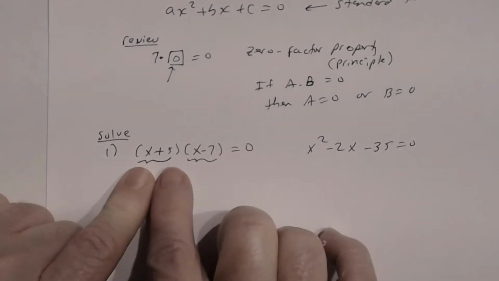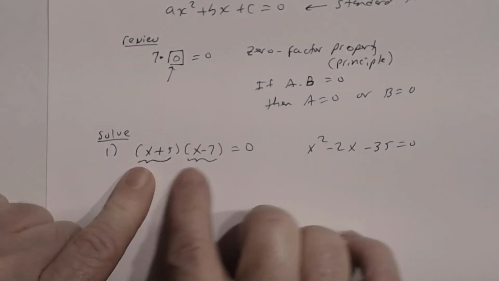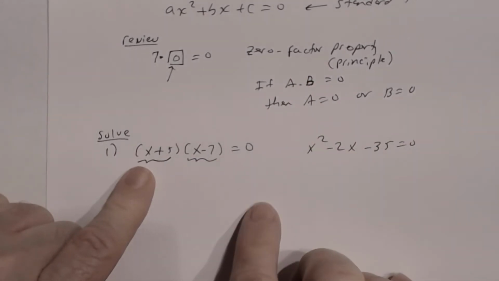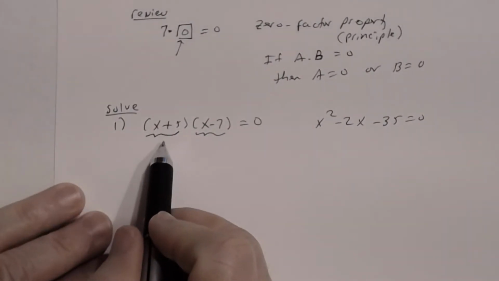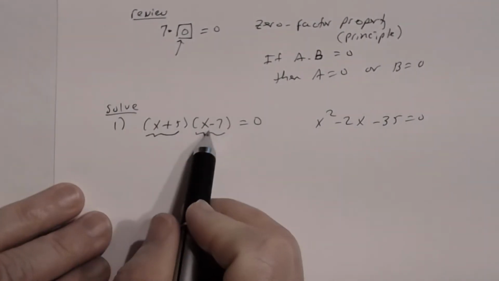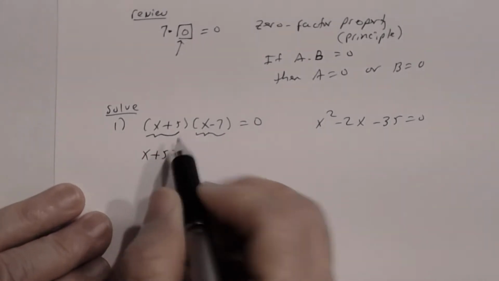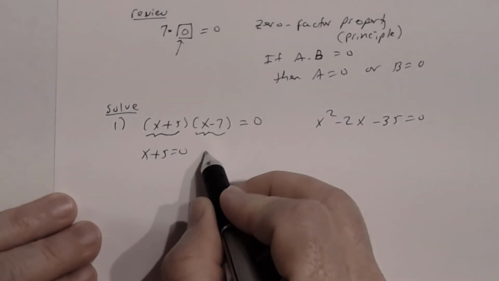And so if you want to solve this quadratic equation using factoring, applying the zero factor property, then the next step is to take each of those factors and set it equal to 0, because that's what the zero factor property says.